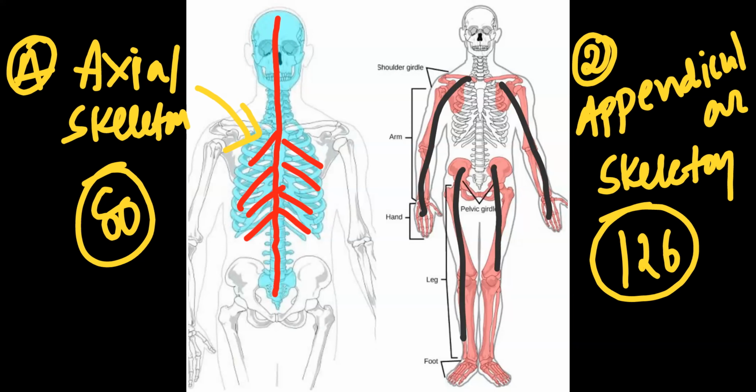They constitute what is called the appendicular skeleton, mainly associated with the appendages, the laterally arranged components of the skeleton.